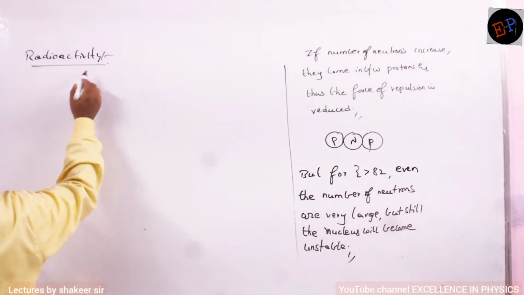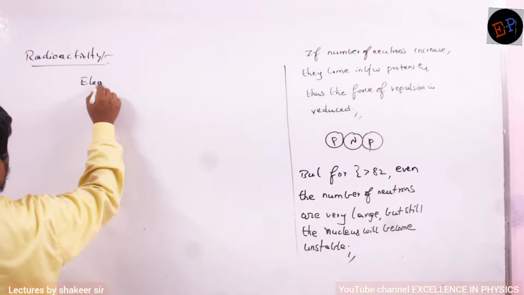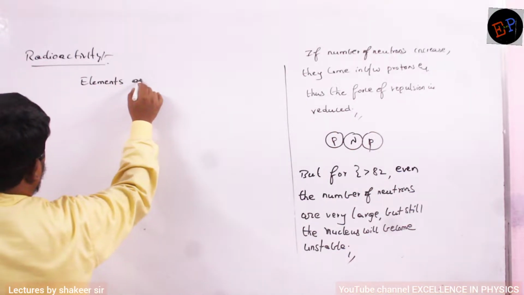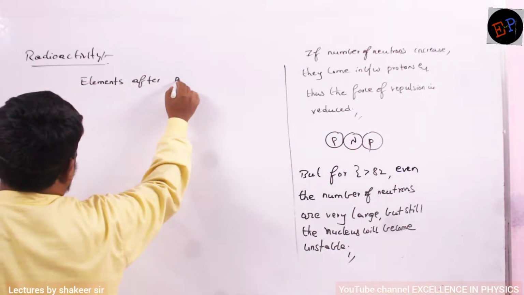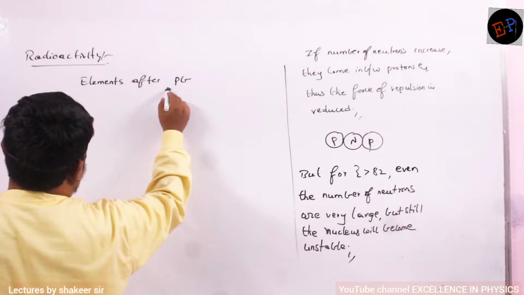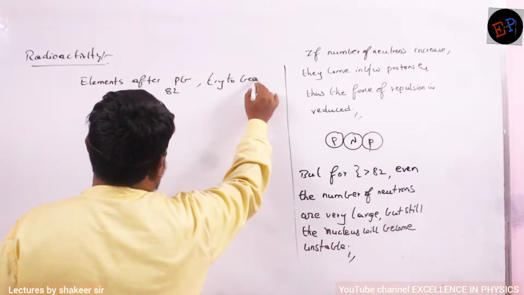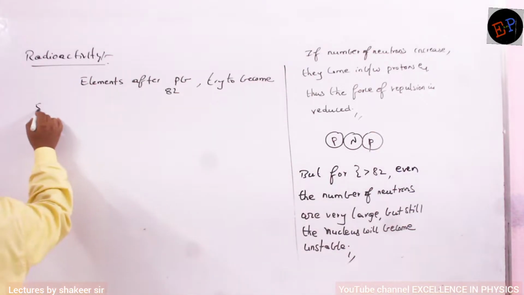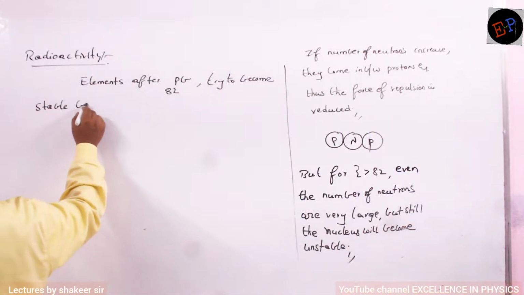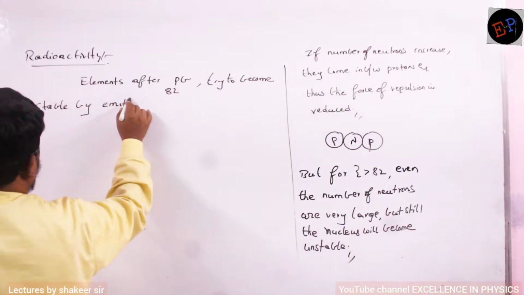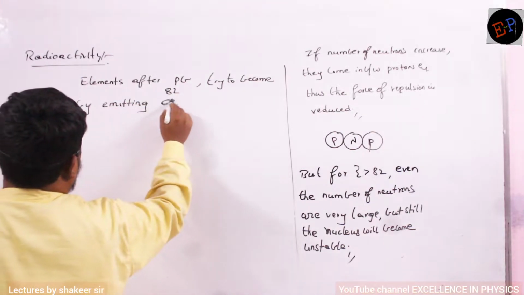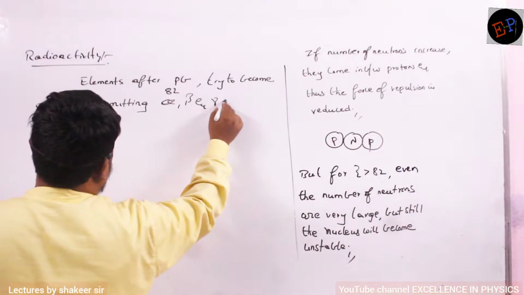Elements after plumbum, lead 82, try to become stable by emitting alpha, beta and gamma particles.